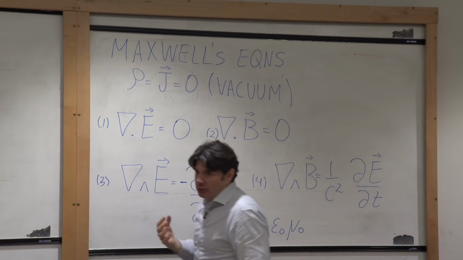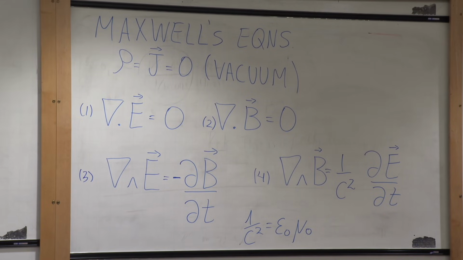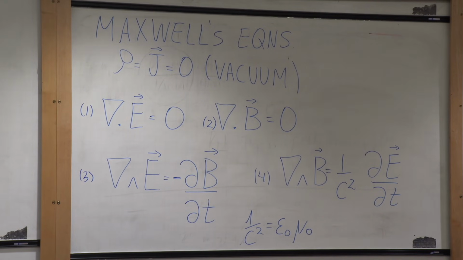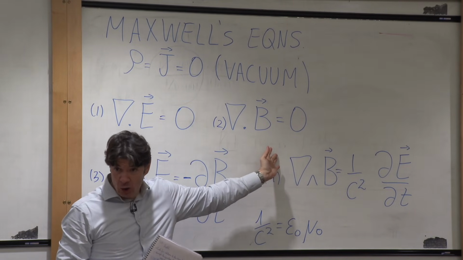The lecture of today will start by looking at solutions of these equations in vacuum, meaning you are in outer space, there are no charges, and we want to know what happens with the electric and magnetic field, okay?